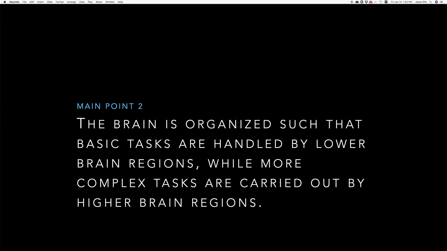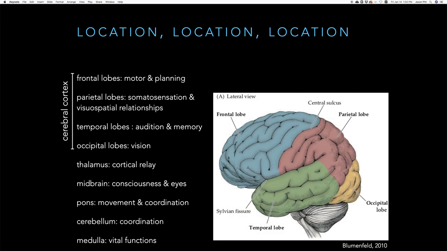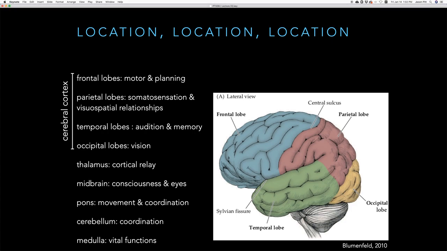All right, let's go through the brain in a little more detail here, highlighting the different functional regions. In general, the higher you are in the brain, the more complex the task is. So location is everything. Depending on where we have brain damage, that's going to determine the symptoms.